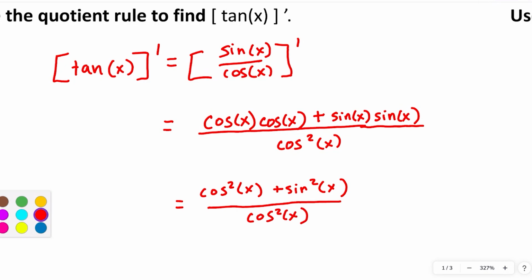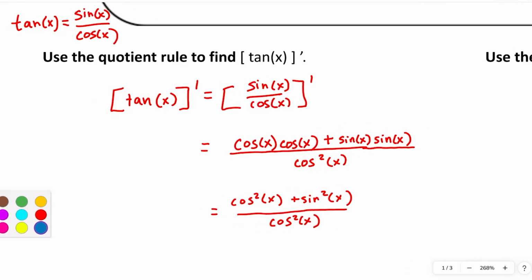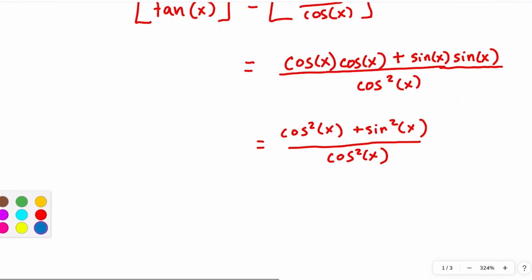And we can even simplify this a little bit more if you remember some of your trigonometric identities, or specifically the Pythagorean identity. So you may not remember this from last year, and that's okay. I'll remind you. But maybe I'll just write it out to the side here. Cosine squared plus sine squared. Anyone happen to remember what that equals? It's not tangent squared. It's just 1.